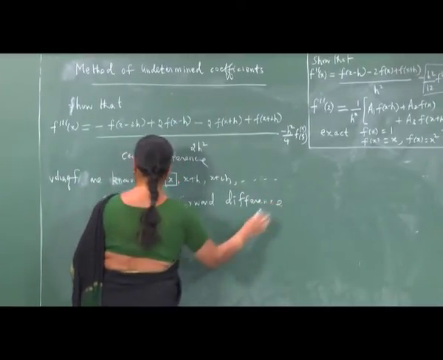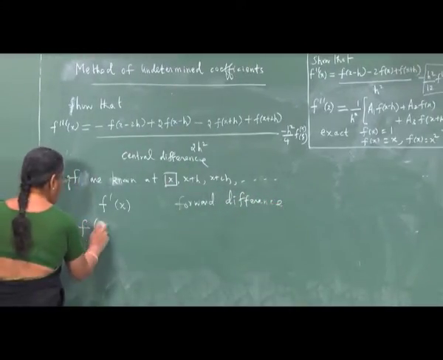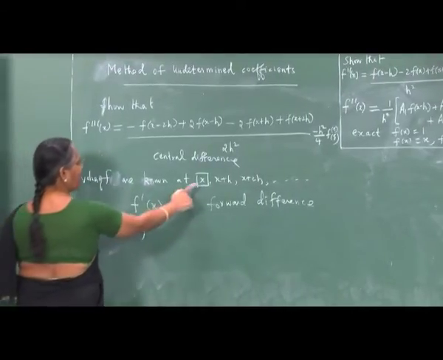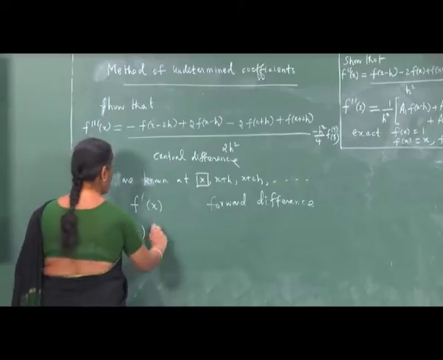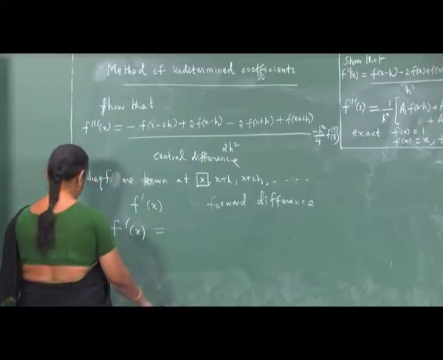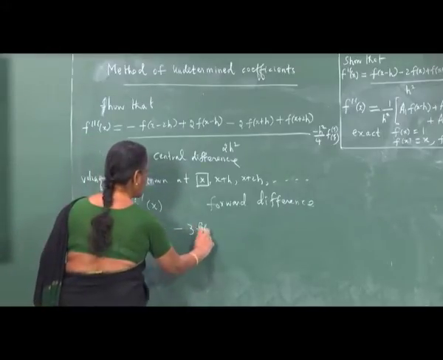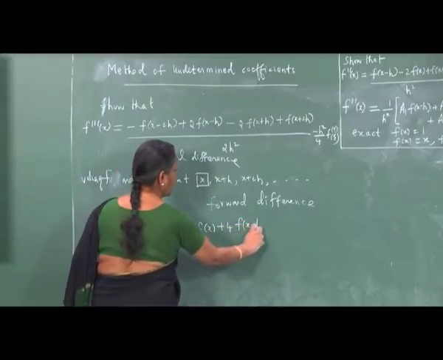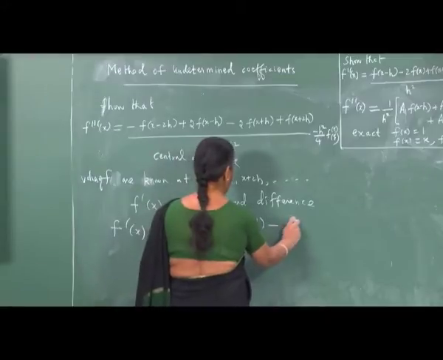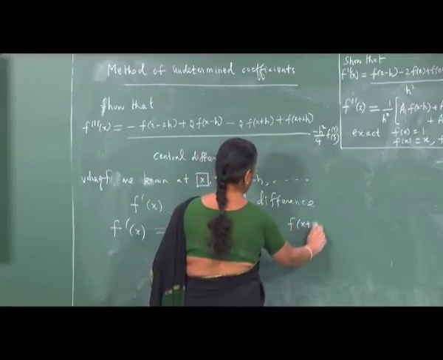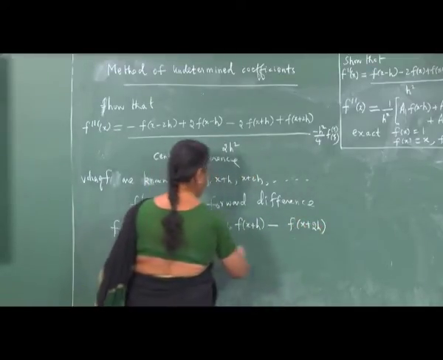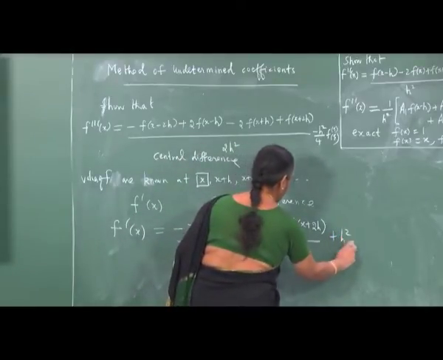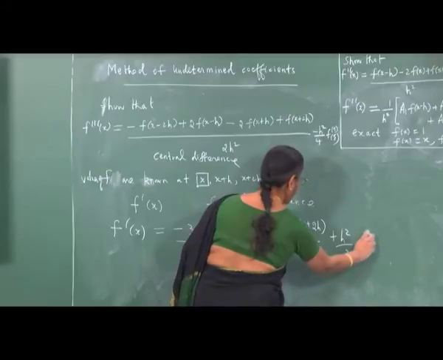Namely, work out the details and show that f prime at this end point can be estimated by minus thrice f of x plus 4 times f of x plus h minus f of x plus 2h, divided by 2h, and the error involved is of order h square.